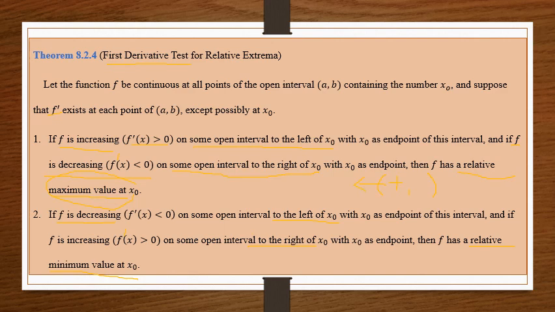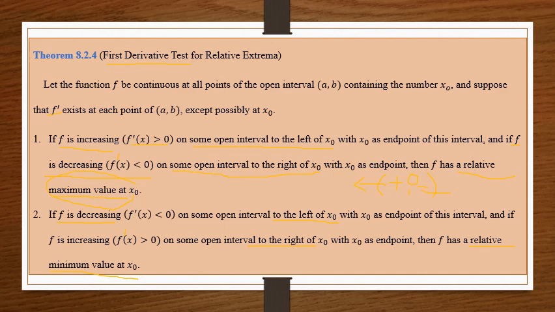And then, decreasing daw siya to the right, which means negative siya dito. So, ang endpoint natin dito, class, let's say 0 yung endpoint natin. Okay. So, ang ibig sabihin lang nito, if this is our endpoint, x sub o, that is equals to 0, approaches to the left is increasing, tapos approaches to the right is decreasing.